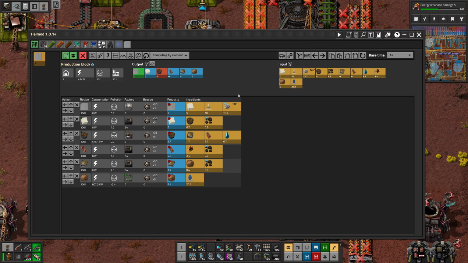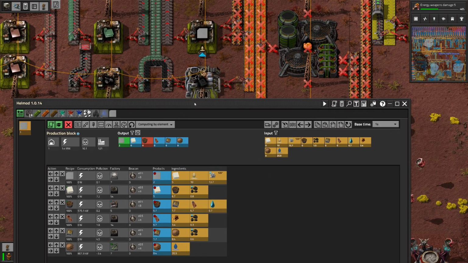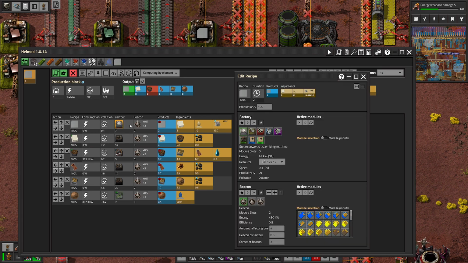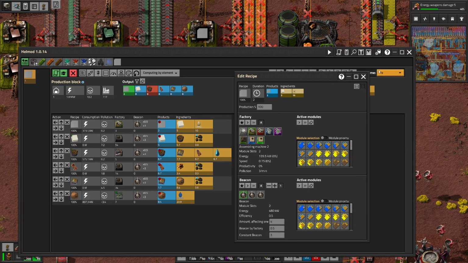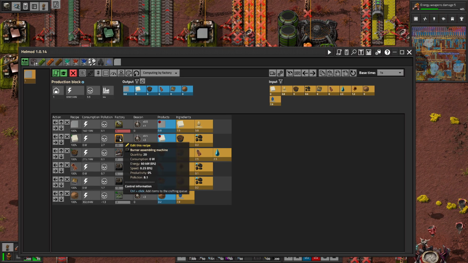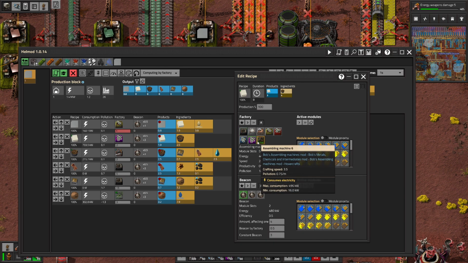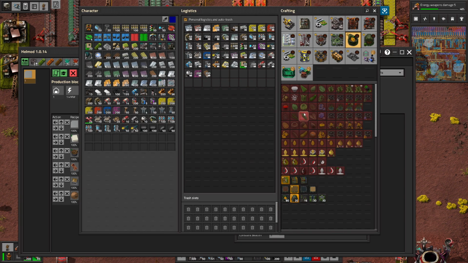Okay, so what do we have? We have one yellow factory. Do we have a sewing machine 6s?